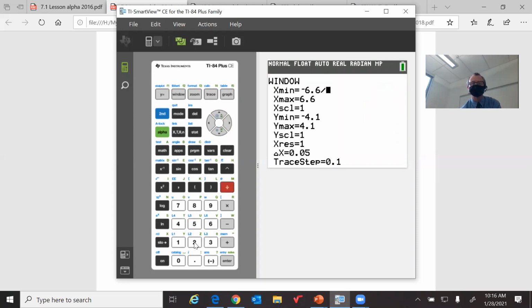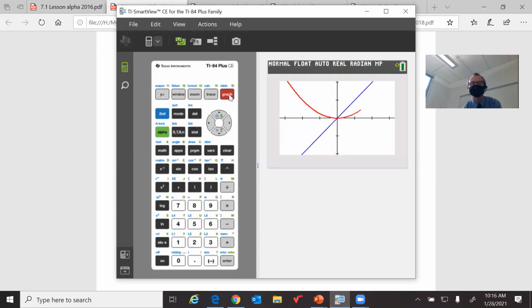We'll just zoom out. Zoom in a little bit. So, from 0 to 1, it's blue take away red.